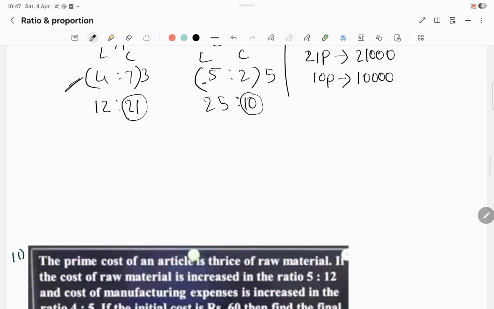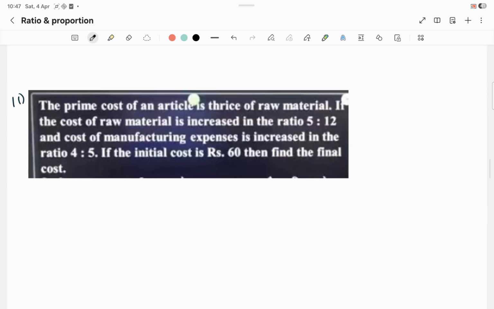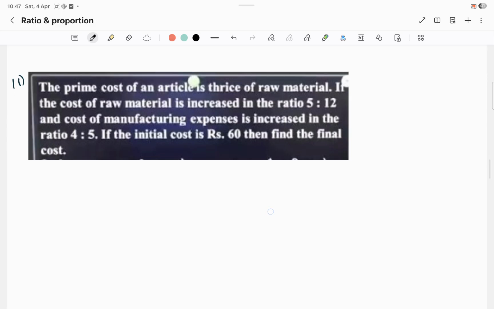Okay. Next question. The prime cost of an article is thrice, they are saying that it is 3 times of raw material.